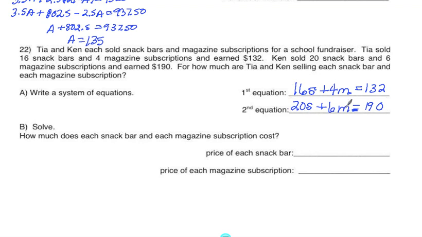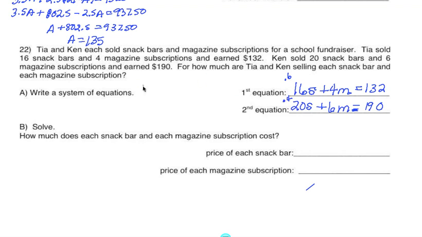So now I've got a system of equations, and if you'll notice, they're not set up to perfectly eliminate yet because I do not have the same coefficients on any of my variables, but everything is lined up, and especially look at your equal sign. So that means I'm going to multiply each of them. I'm going to multiply the top one by 6 and the bottom one by 4.